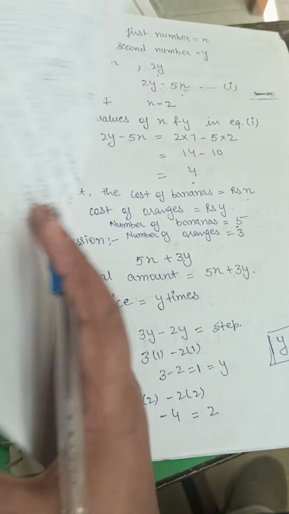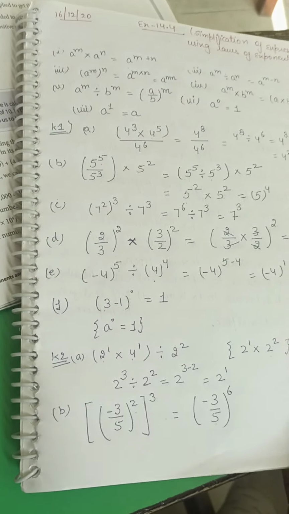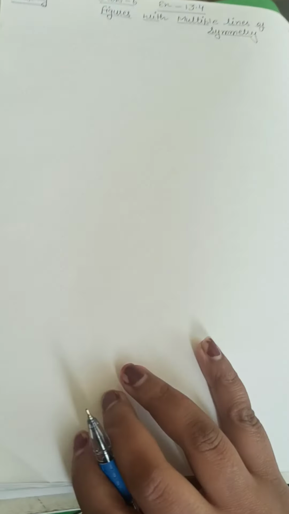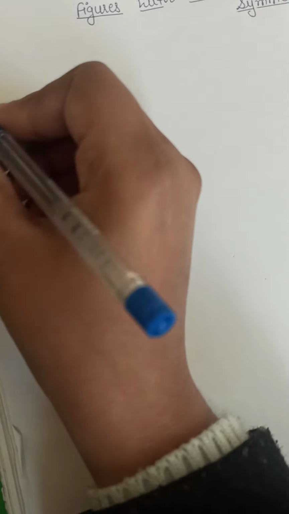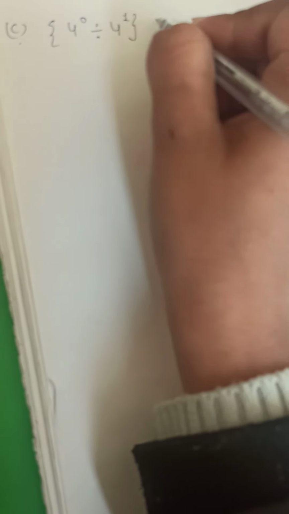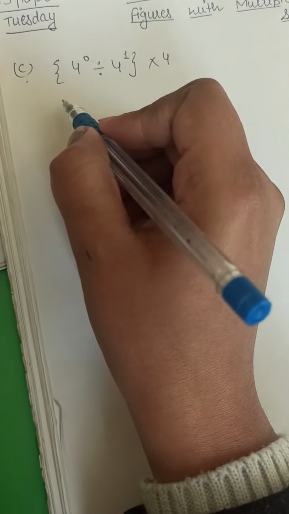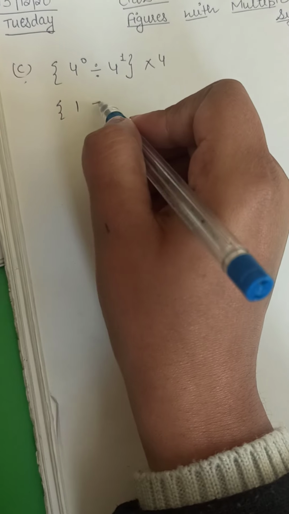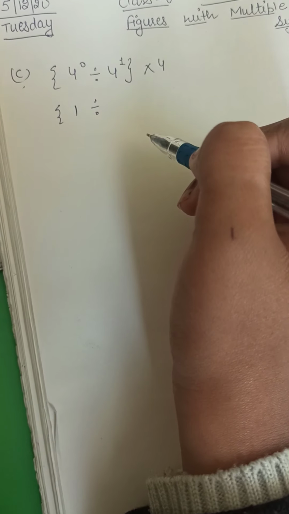Now come to the C part, that is bracket 4 to the power 0 divide by 4 to the power 1 multiply with 4. So we know 4 to the power 0 means 1, divide by 4 to the power 1.